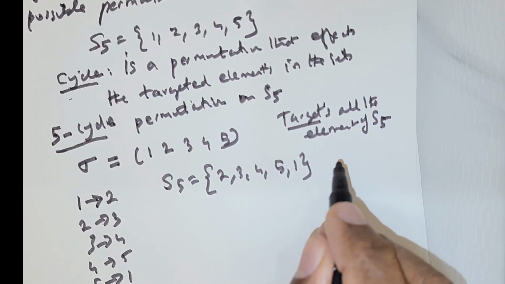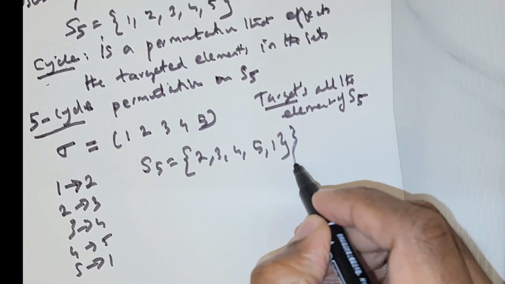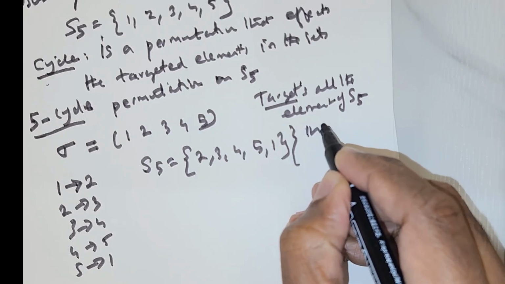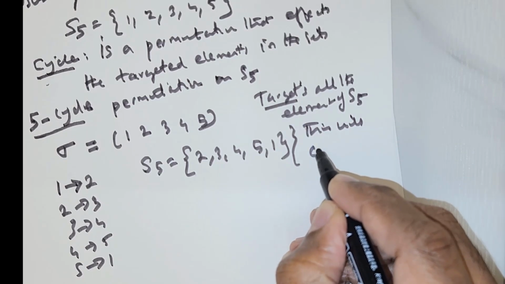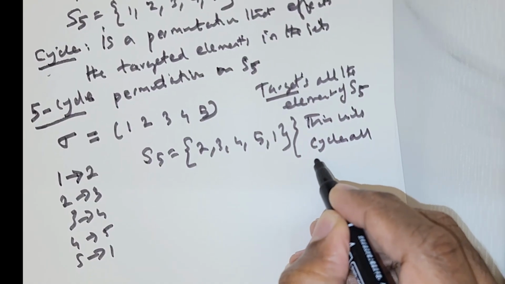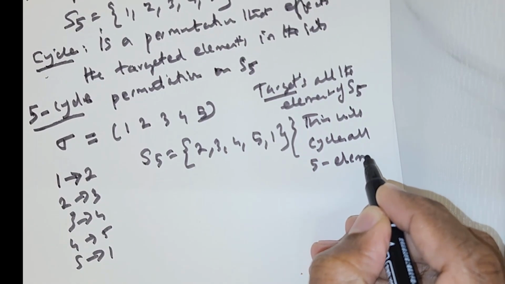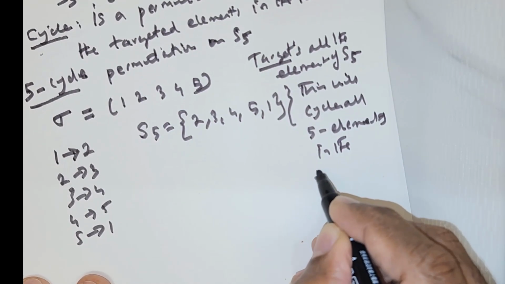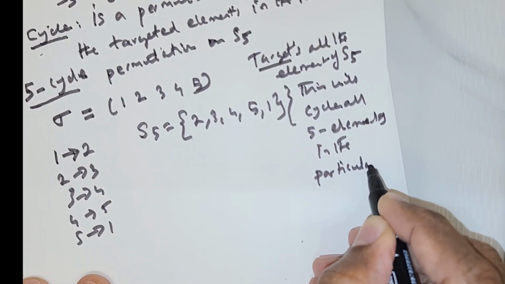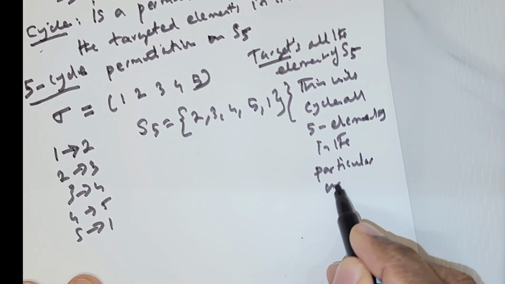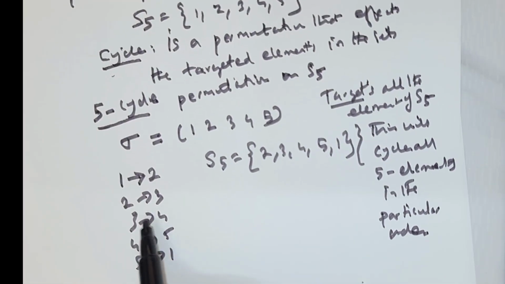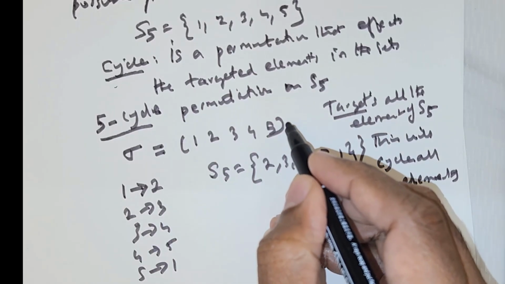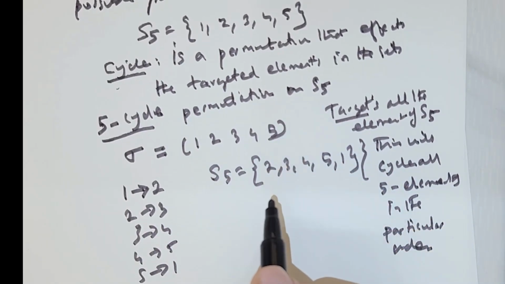To put it in basic words, this will cycle all 5 elements in the particular order that we are setting up. In this case it's simple: 1 goes to 2, 2 goes to 3, and so on and so forth. This is by running sigma once.